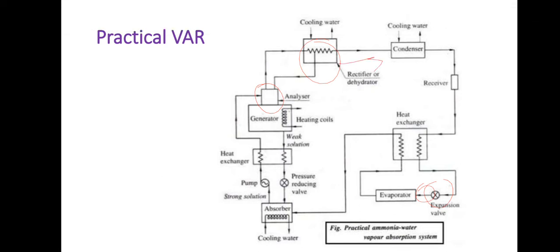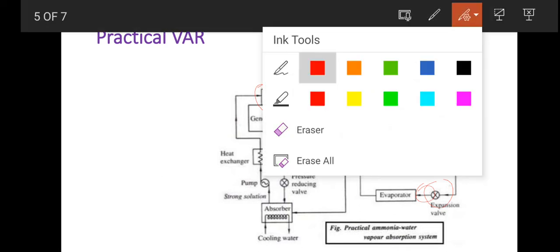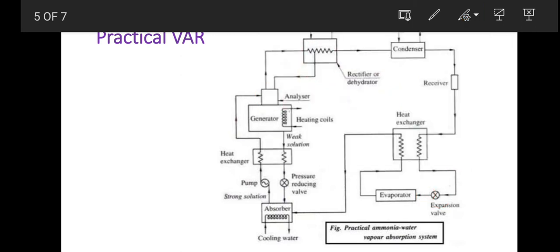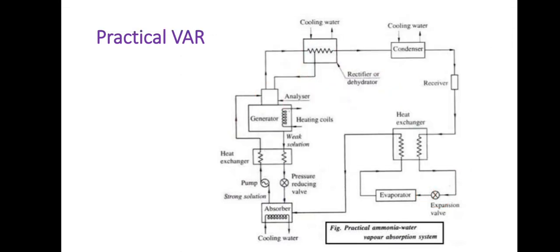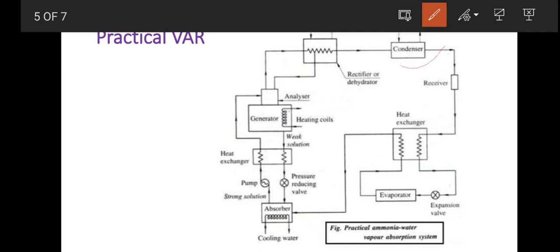Now in the condenser, the high pressure ammonia vapors are condensed by using cooling water, and after condensation they are converted into liquid ammonia. This liquid ammonia is stored in the receiver and supplied to the heat exchanger.